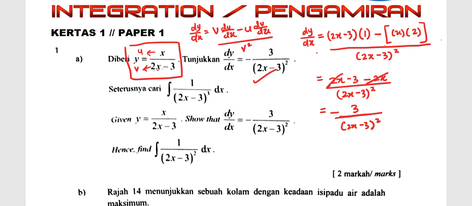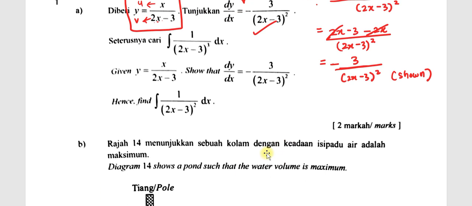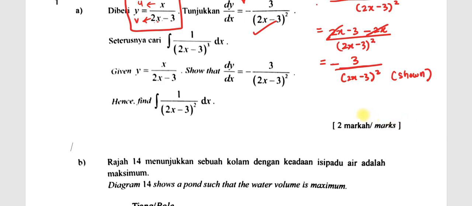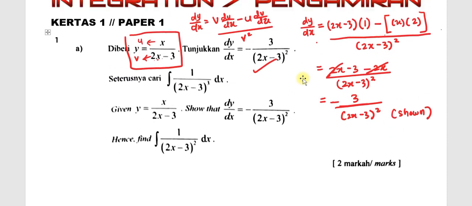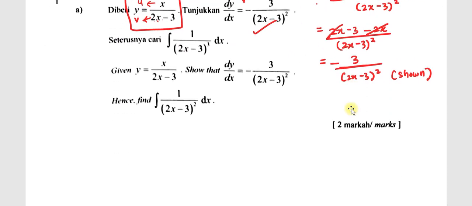Okay, you get back what they want. Once you have successfully shown your working, please write there 'shown'. Now I want to use the space below it. So you have successfully done the first part.